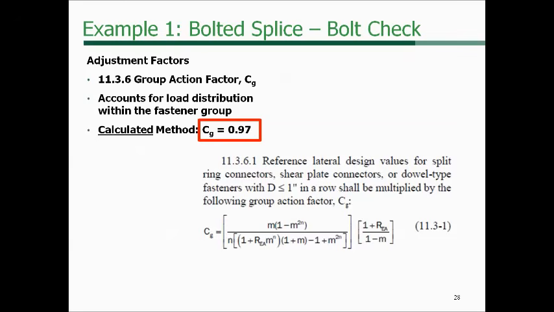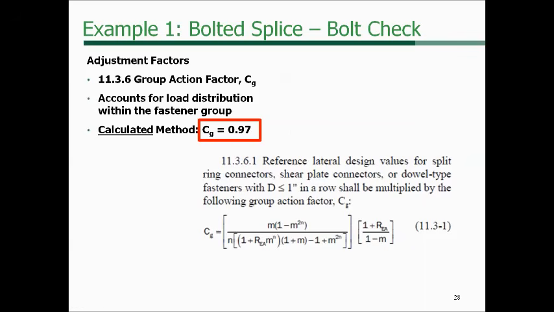And if you want to program that into your spreadsheet, have at it. I ran through the calcs before the webinar to make sure that I at least did a check and could say that I used the calculated method. So for this particular configuration, we came up with a group action factor of 0.97.